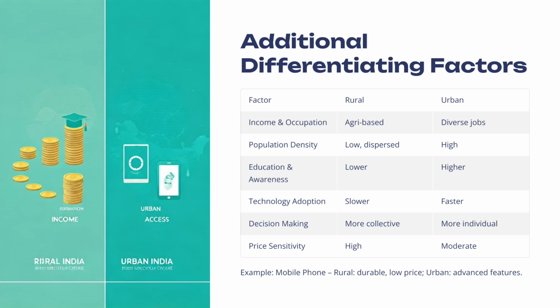Learners, let us just think about, considering all these additional factors of income, occupation, population density, education, technology adoption, and price sensitivity, how might a company marketing a new mobile phone tailor its features and pricing strategy differently for a rural versus an urban consumer? Any suggestions?